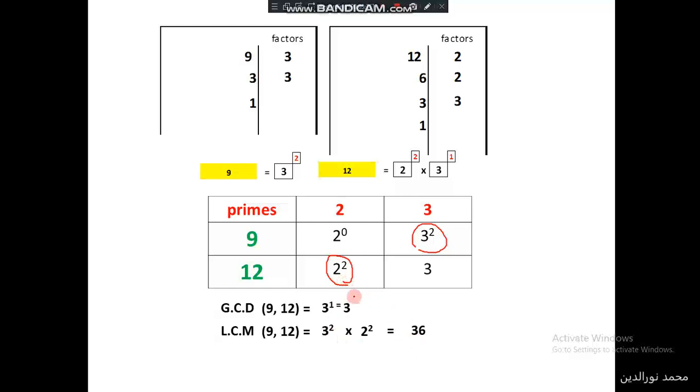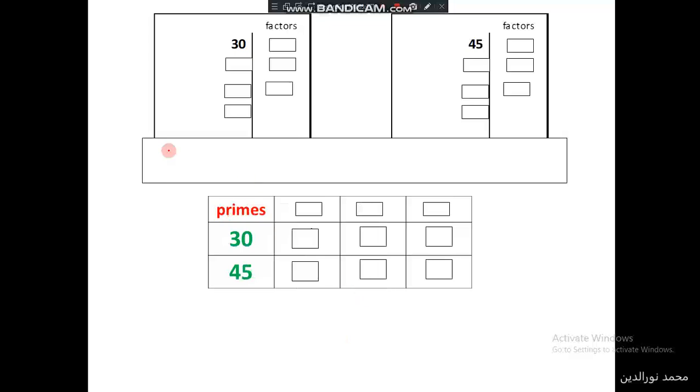Let's see another exercise. We have 30 and 45. 30 is an even number divisible by 2. 30 divided by 2 is 15. 15 is not divisible by 2, it's divisible by 5.